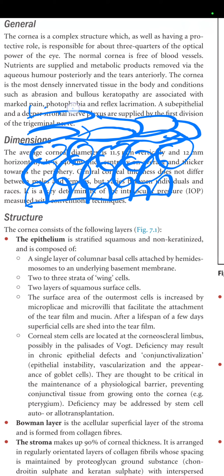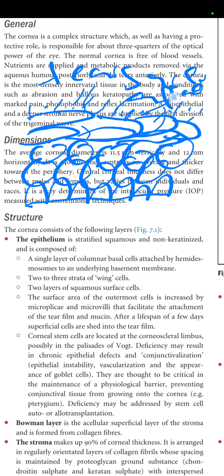As we know, there are tiny microvilli or microplicae, which increase the surface area. Their function is that the tears are attached to this surface, and these epithelial cells shed into the tear film and are then gone.